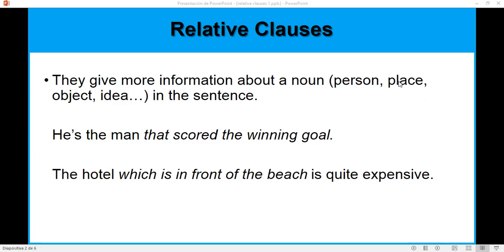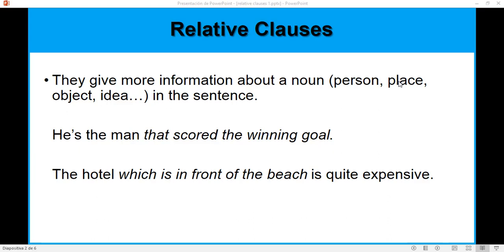It says, he is the man that scored the winning goal. And the second one, the hotel which is in front of the beach is quite expensive. In the first one, it is necessary to add that. In the second one, it is not necessary to add which. Why not? Because in the first one, we are joining one sentence with another one.